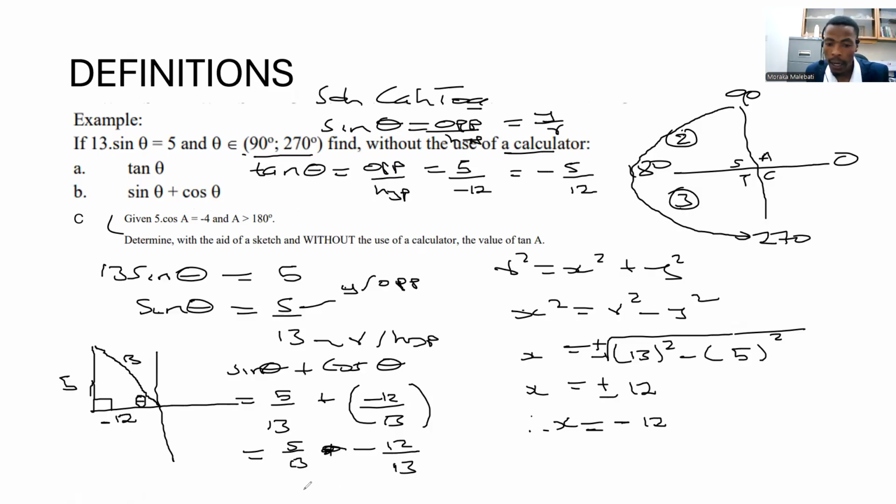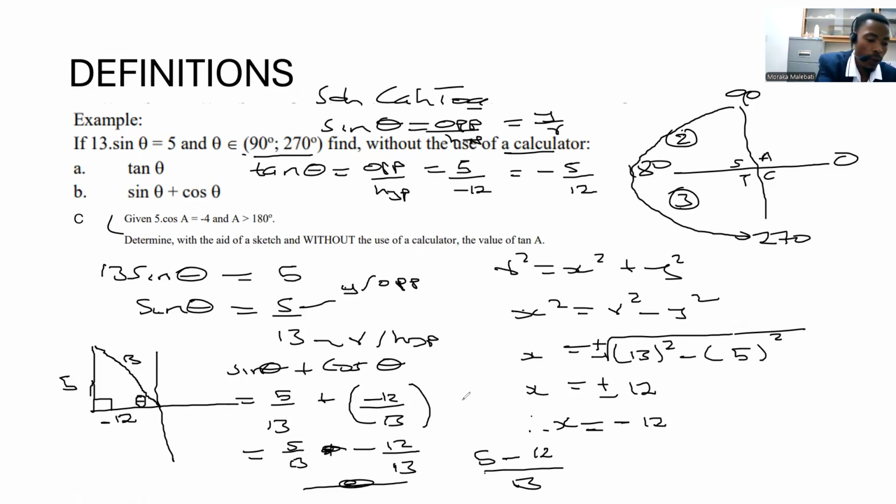Let's create a space here, then take the common denominator, which is 13. 13 divided by 13 is 1, and 1 times 5 is 5. Then minus 13 divided by 13, which is 1, and 1 times 12 is just 12.